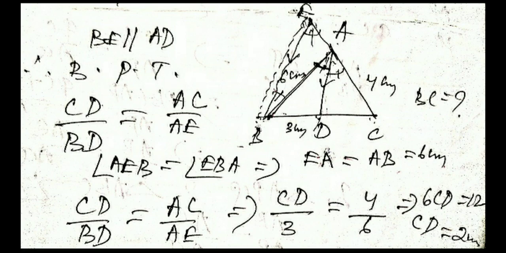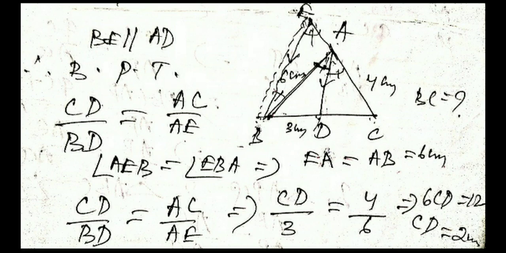And look here. It is given AD is the angle bisector, therefore angle BAD is equal to angle CAD. AD is drawn parallel to BE, therefore angle CAD is equal to angle AEB, corresponding angle. Similarly angle BAD is equal to angle EBA, that is interior alternate angle.